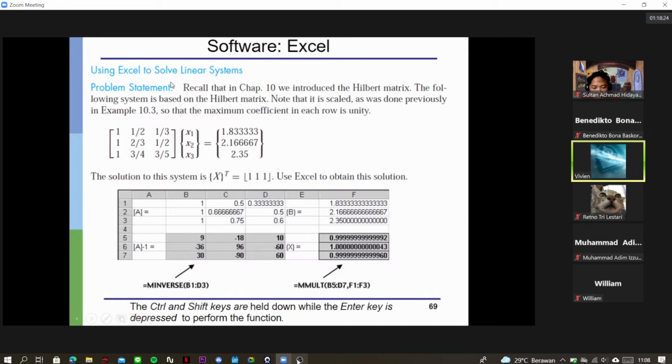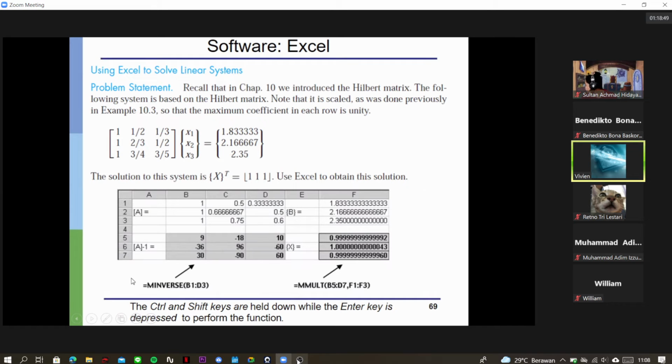Say you write down the elements of the matrix A in these cells. You can try that. Fill in these elements in the cells, and then the B vector, which is the right-hand side vector here. And then you can find the inverse of the matrix.